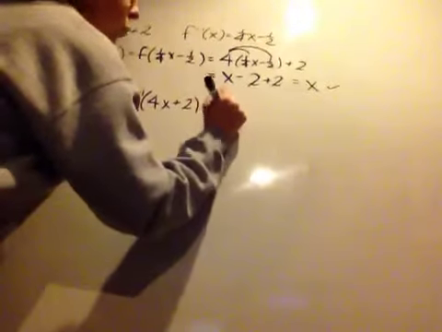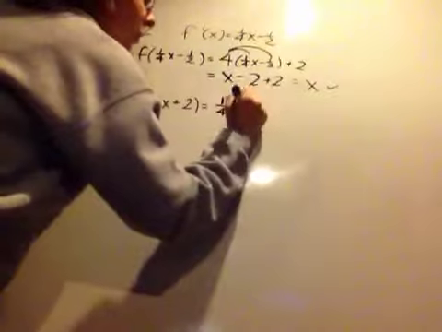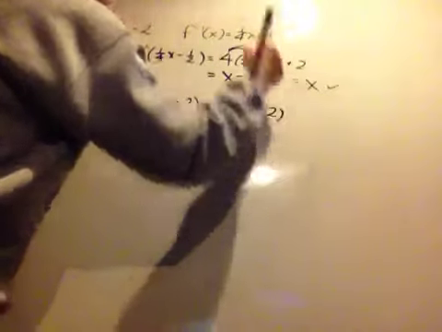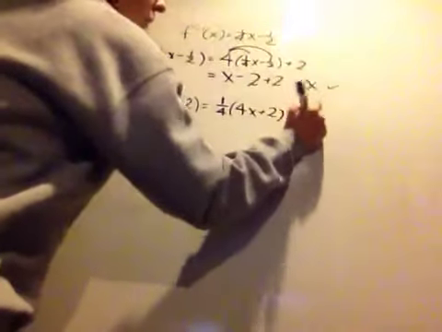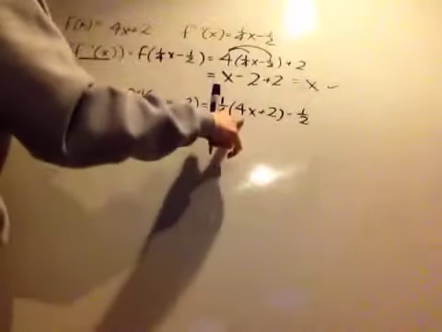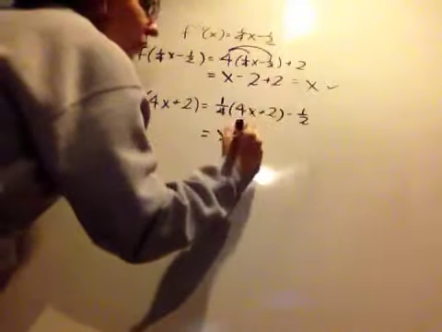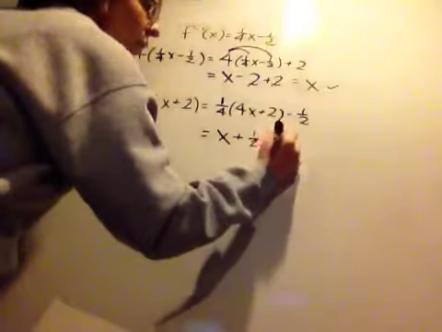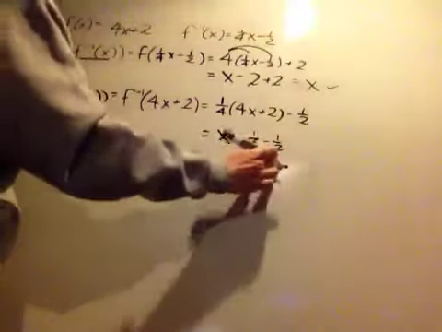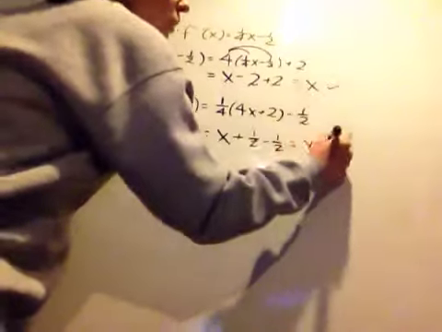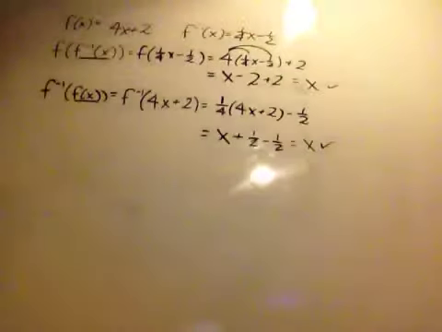So I have 1/4 times my input variable, 4x plus 2, and then minus 1/2. 1/4 times 4 is just 1, so that's x. 1/4 times 2 is 1/2. So I have x plus 1/2 minus 1/2, which is just equal to x. So since they both equal x, I know that the two functions are inverses of each other.